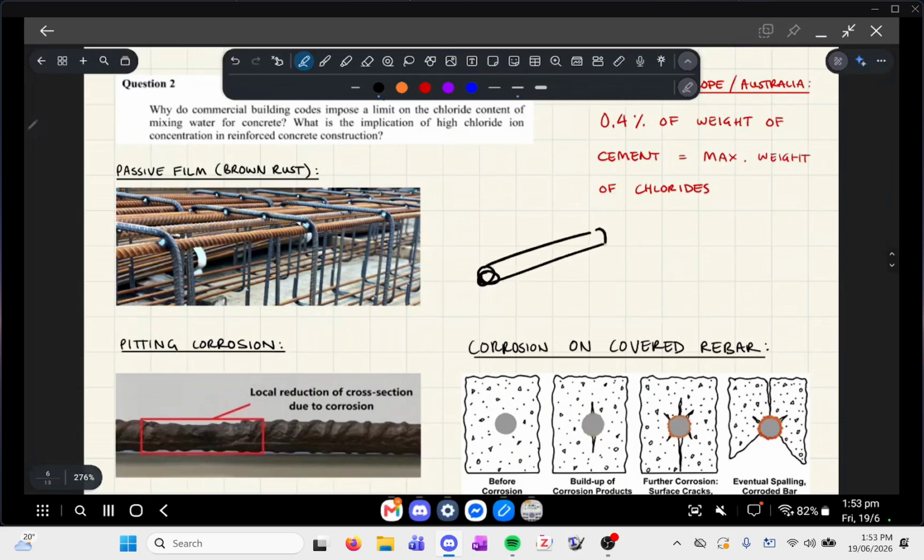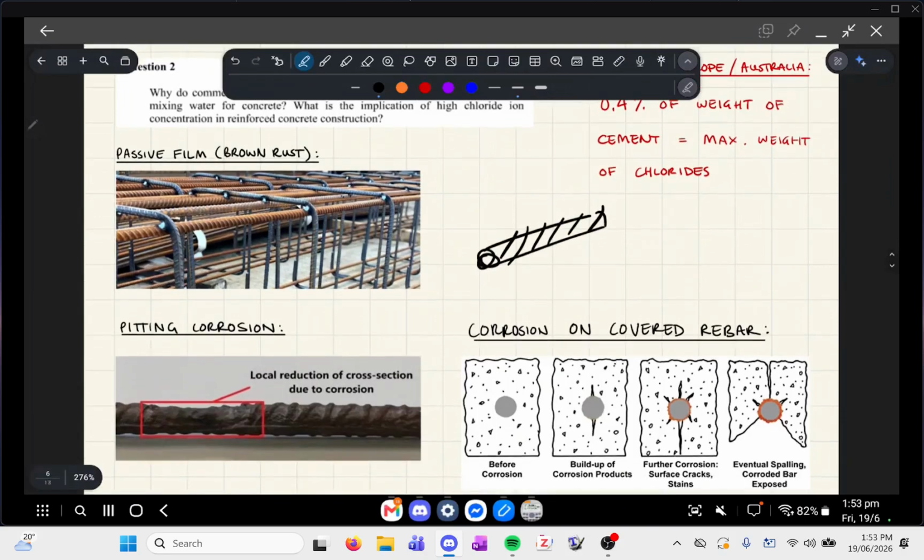You've got a steel bar, okay? And it's exposed to the air and it can oxidize, like so. All right. What I'm trying to say is that this oxidation layer, the brown rust layer, is actually beneficial because it's a shield that prevents further corrosion.